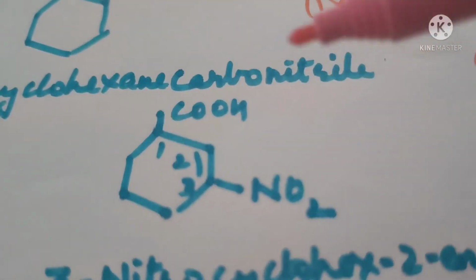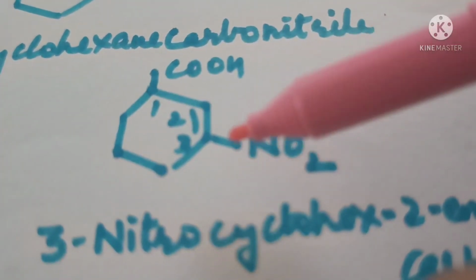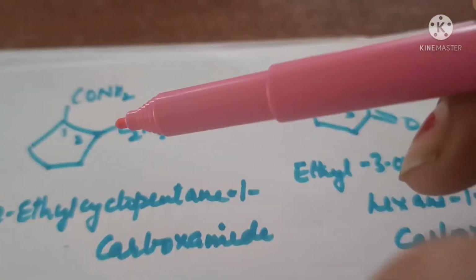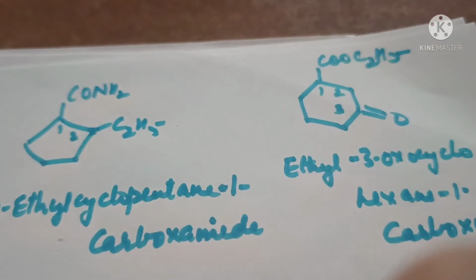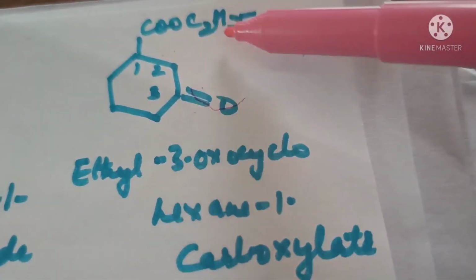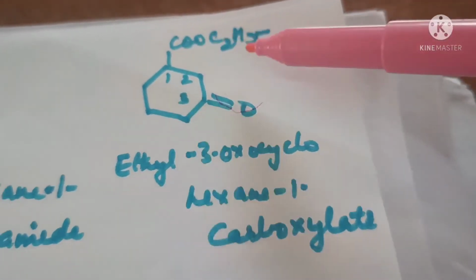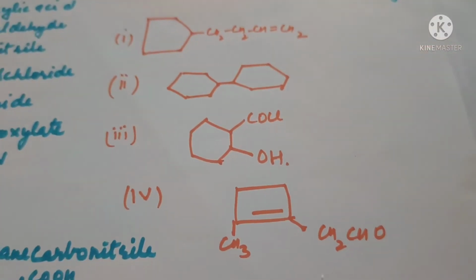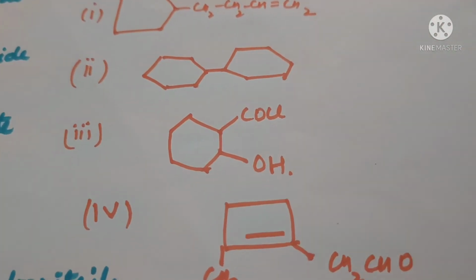This compound will be 3-nitro-cyclohex-2-ene-1-carboxylic acid. 2-ethyl cyclopentane 1-carboxamide. The name will be ethyl 3-oxocyclohexyl carboxylate. Now based on these rules, you can take a screenshot of these compounds and write their IUPAC names.